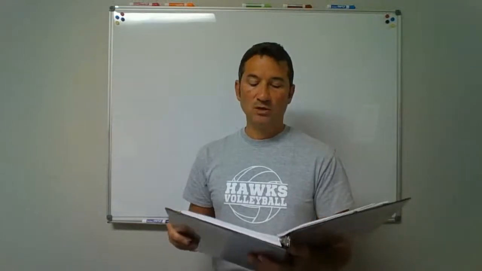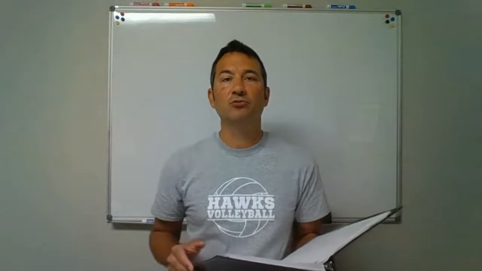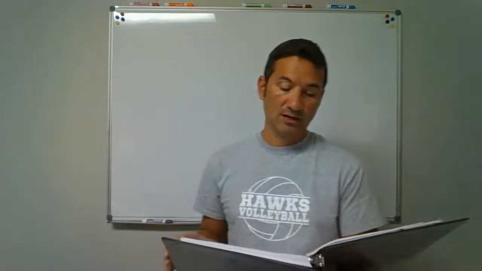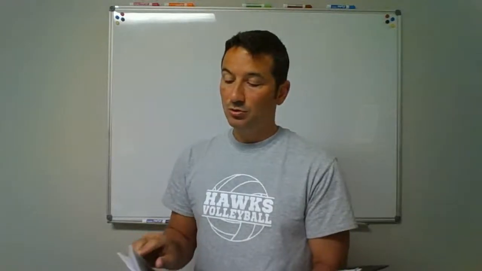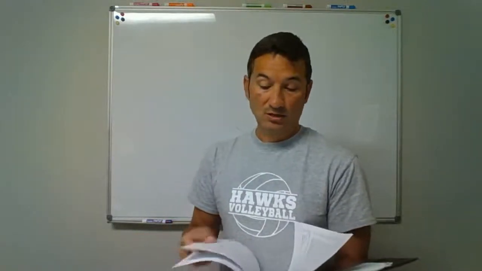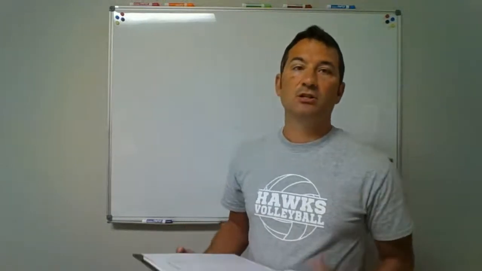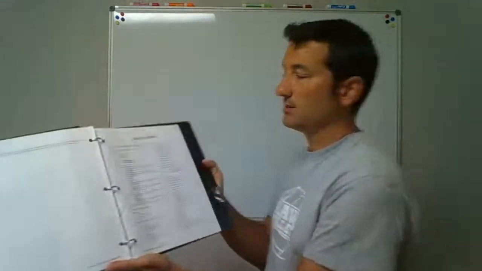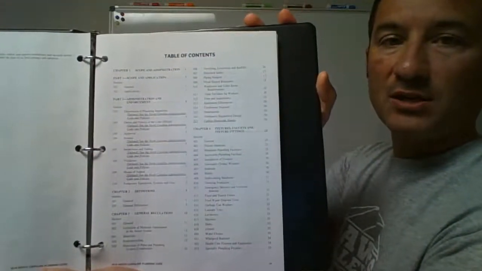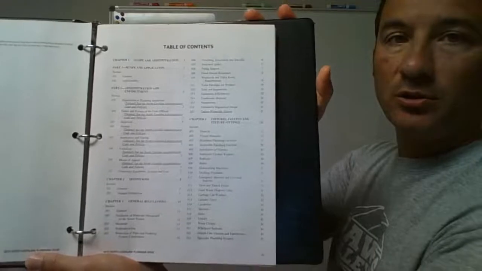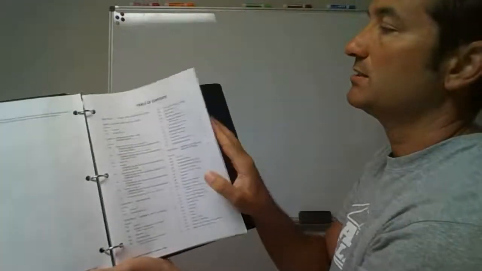Okay, so this week we're moving on to Chapter 3, General Regulations. Now, let's look at that table of contents. Later on, you're going to really use this table of contents a lot. If you're learning to search for information and you aren't familiar with a book, you've got the table of contents in the front.